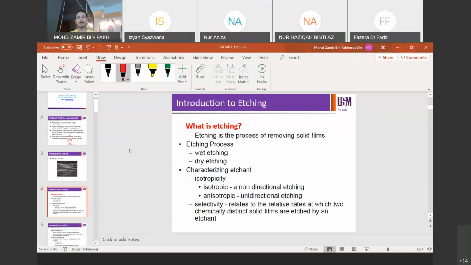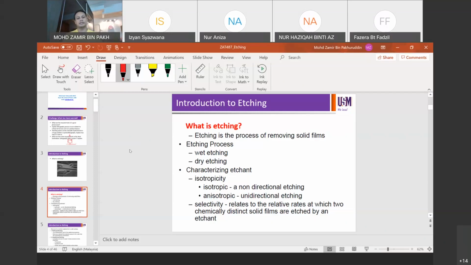Dry etching is associated with the usage of plasma or ionized gas in a vacuum chamber in order for you to do the removal of the solid films. So wet uses wet chemicals and dry etching uses plasma in order to do the job.